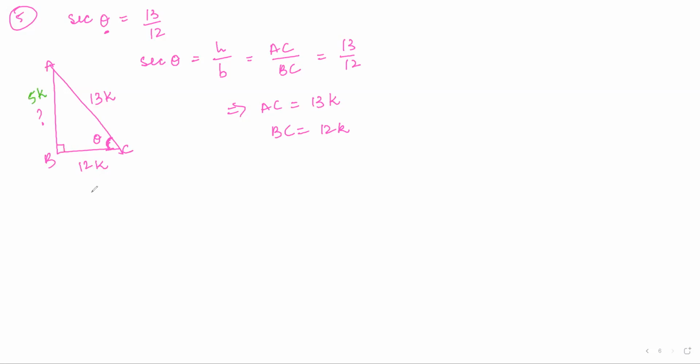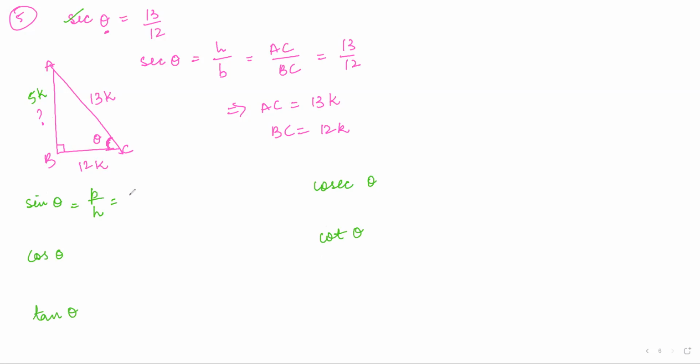Arshia, you can find it from Pythagoras theorem. Now all three sides are known, so you can find any ratio. Sec is already given, so you have to find first sine theta, then cos theta, then tan theta, cosec theta, and then cot theta. If I write sine theta, that is perpendicular by hypotenuse.